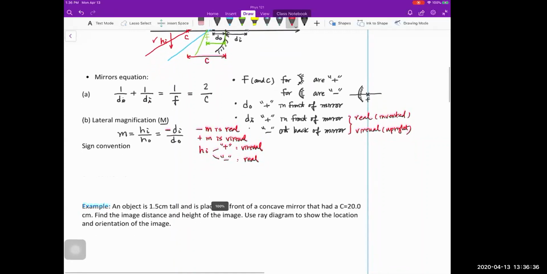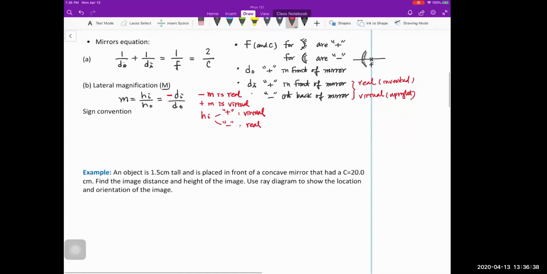Okay, let's do an example. The object is 1.5 centimeters tall, placed in front of a concave mirror that has a C of 20.0 centimeters. We want to find the image distance and the height of the image, and use the ray diagram to show the location and orientation of the image.